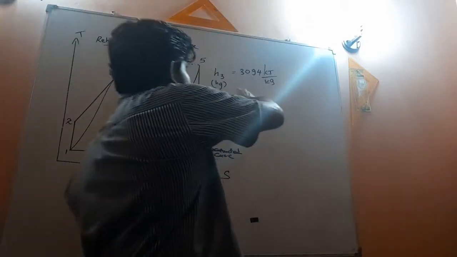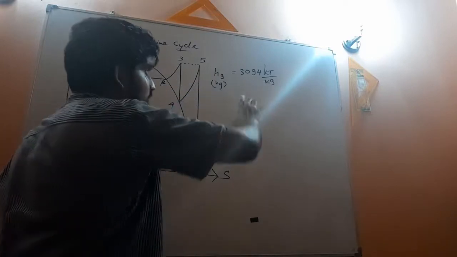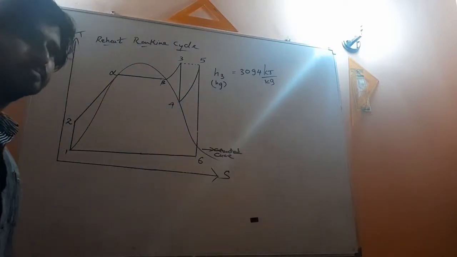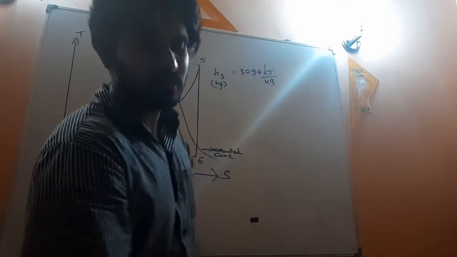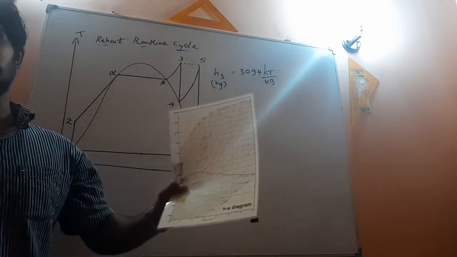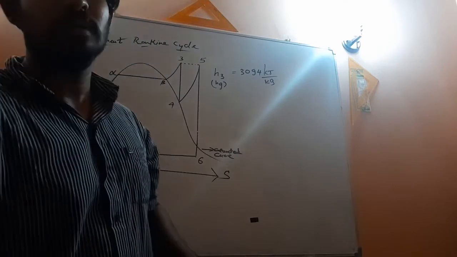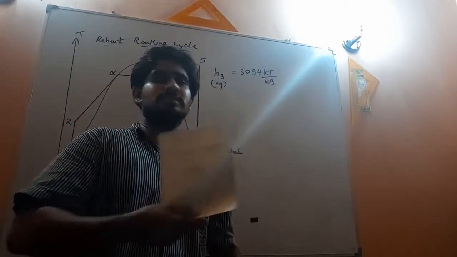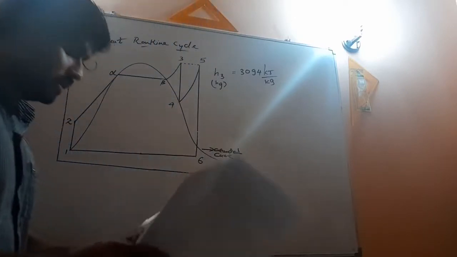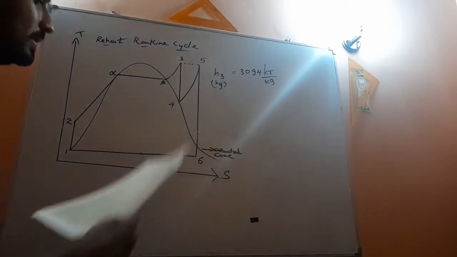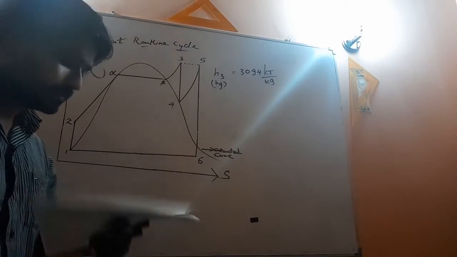So now this H3 3094 kilojoules per kilogram is also correct, but sometimes in the exam, they will ask you to solve this problem by using the HS chart. So if you are getting the value from the steam table, then it is wrong. Okay, doesn't matter. So now let's see how to get that value from the HS chart.